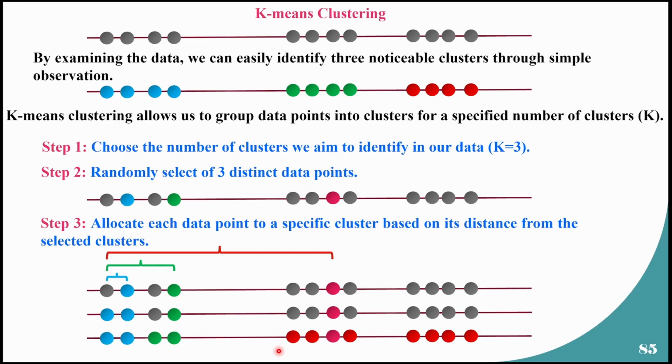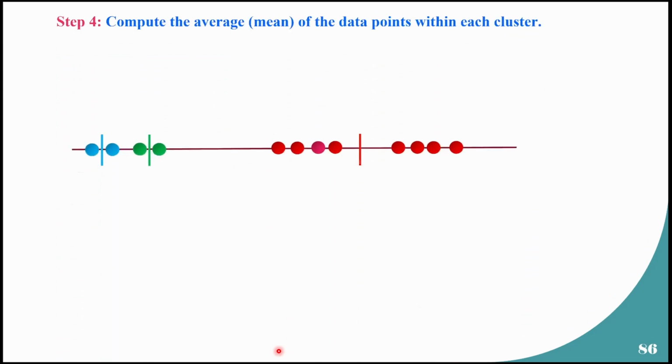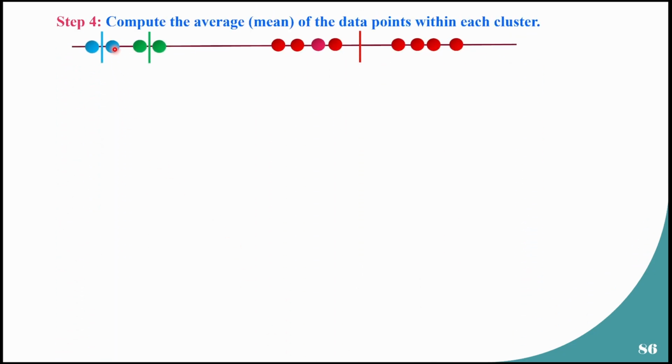And then for the next step, you find a new point to be called the centroid of the cluster. So how do you find that? This is basically the average position of these 2 data points. So that will be the new centroid for the blue cluster, right? Similarly, we have it for the green and the red also.